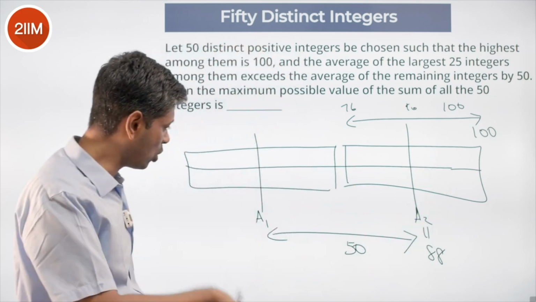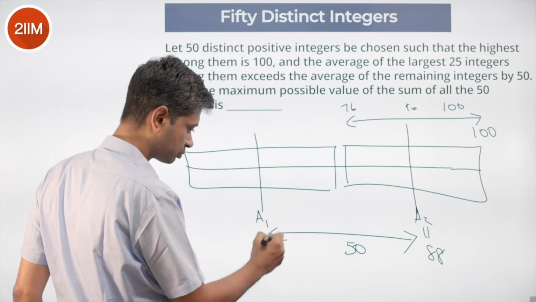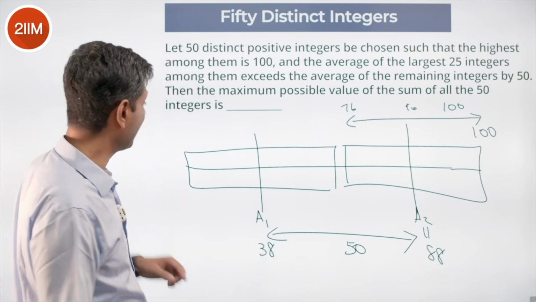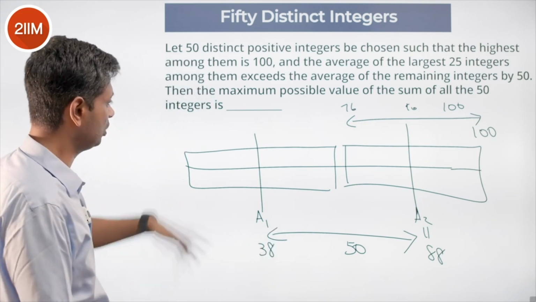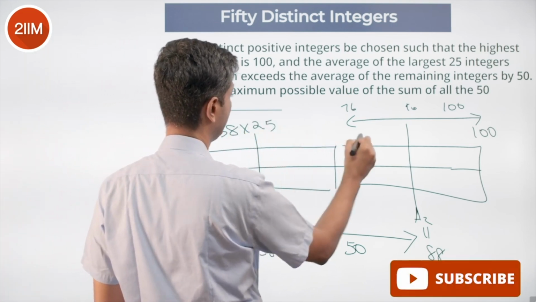The average of the 25 smallest integers is 50 less than that, 38. What is the sum of all of this? The sum of the top is 88 into 25, and the sum of the bottom is 38 into 25.